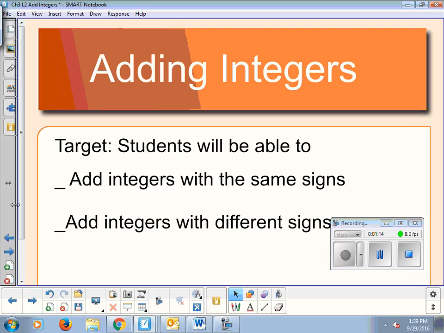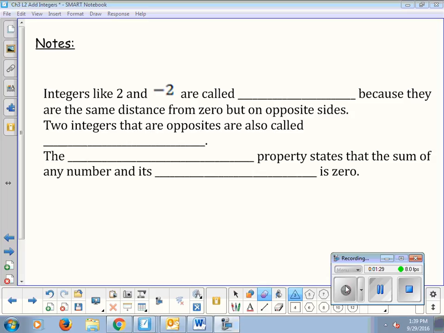Okay, for our heading for the notes, we have adding integers. Target: students will be able to add integers with the same sign and add integers with different signs. When you have integers like 2 and -2, those are called opposites, because they are the same distance from 0, but on opposite sides of the number line.